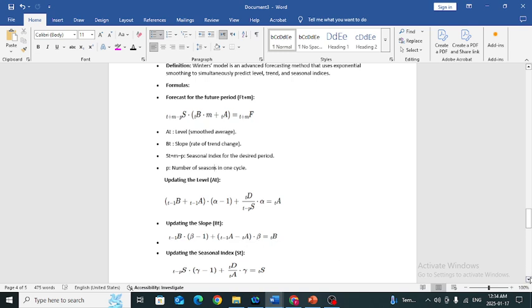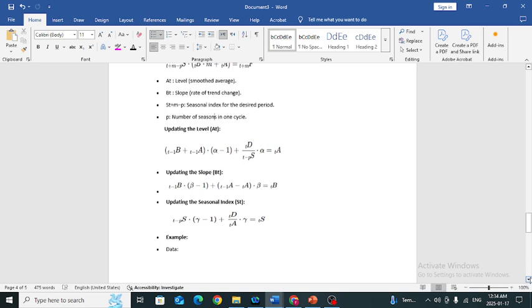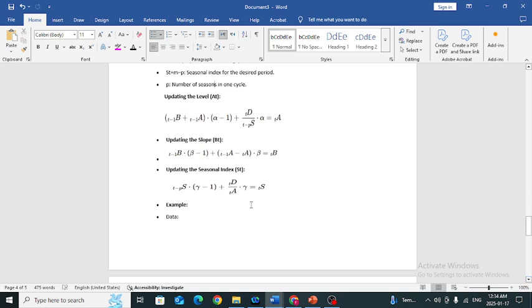And updating the seasonal index, S_t equals gamma multiplied by D_t divided by A_t, plus (1 minus gamma) multiplied by S(t minus p).